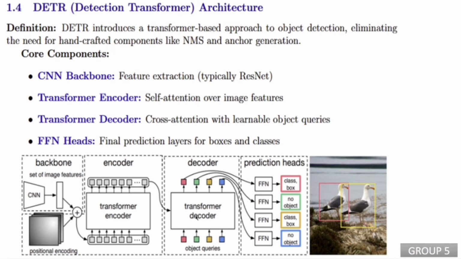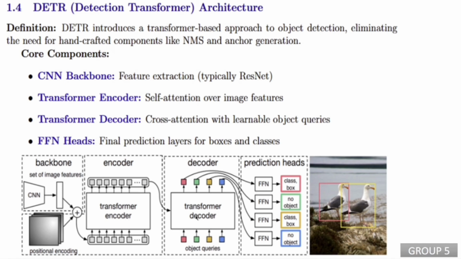This eliminates the need for post-processing steps like non-maximum suppression. Moreover, DETR performs object detection as a set prediction problem, making the output unordered and more flexible. It also naturally handles variable numbers of objects per image.